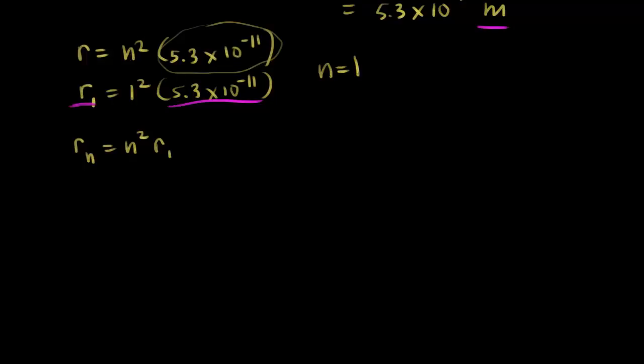This is very important: r for any integer n is equal to n squared times r1. This means only certain radii are allowed because Niels Bohr quantized the angular momentum, so you have to have specific radii. We'll talk about the other radii in the next video. In this video, after all that physics, we got this equation, and we're going to use that to go into more detail about the Bohr model radii.